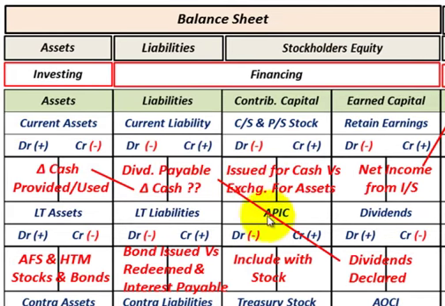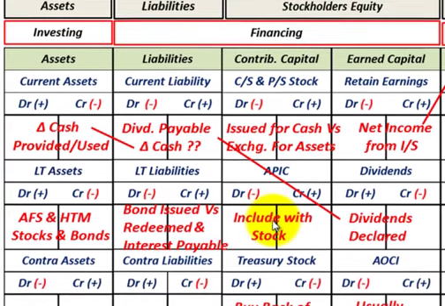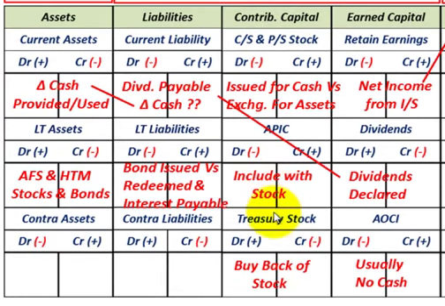And then also moving down, this additional paid-in capital account would be included with your stock. So you have to look at those two accounts hand in hand to see how they're affecting your stock, or how you're affecting the change in cash. And then under this contributed capital, we have to be concerned with what we call treasury stock.